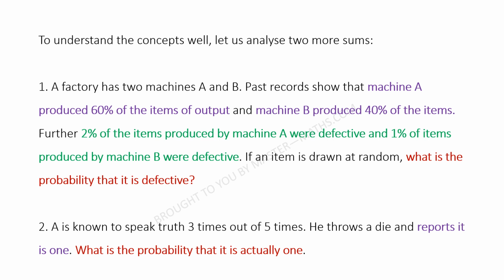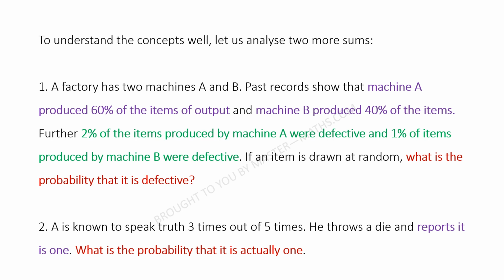So, P of A given E1 is equal to the probability of speaking the truth, that is 3 by 5. Then, P of A given E2 is, you are reporting it is 1, but it is not actually 1. That means you are not speaking truth, you are telling a lie. That will be 2 by 5. So, P of A given E1 is 3 by 5, P of A given E2 is 2 by 5.